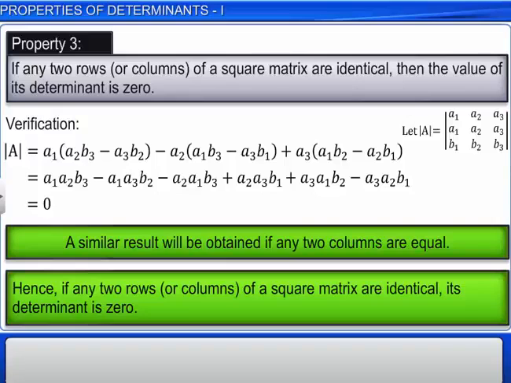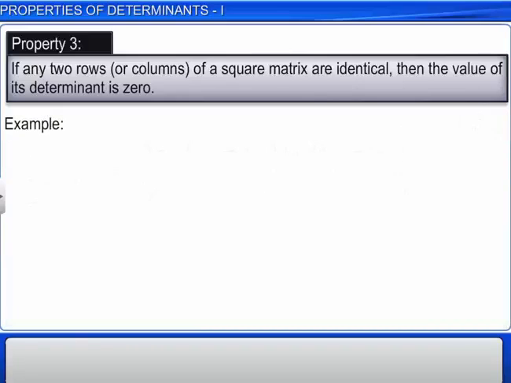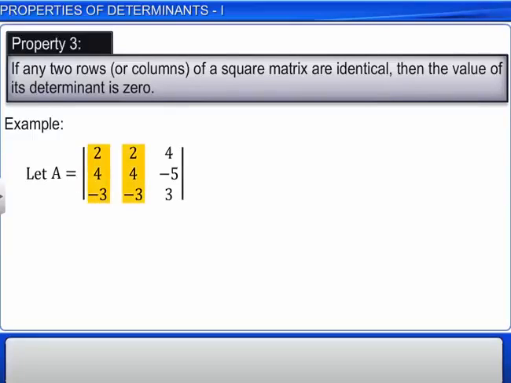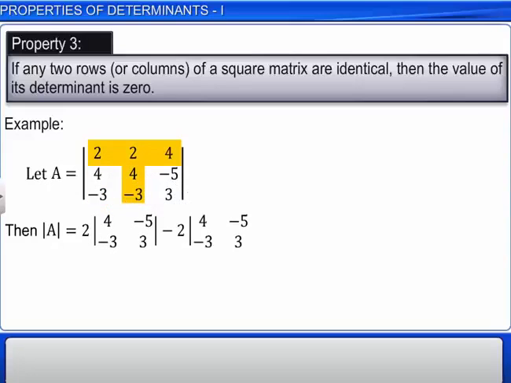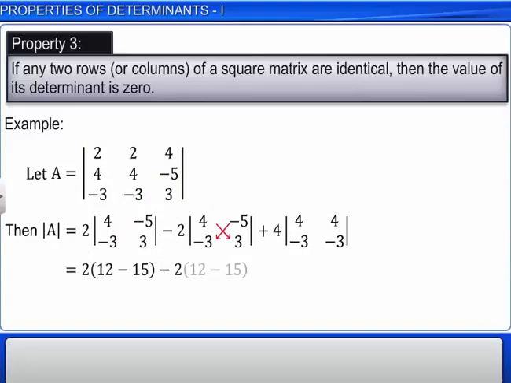Let us now verify it by taking an example. Let A be a 3 by 3 square matrix such that its first and second columns are the same. On evaluating determinant A along the first row, we get zero.